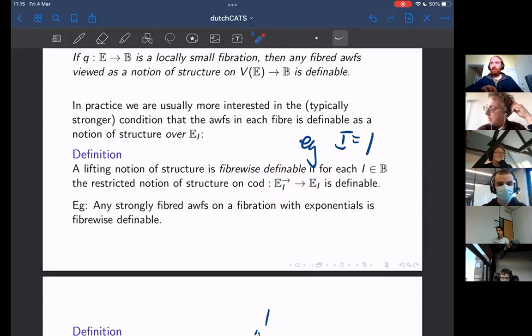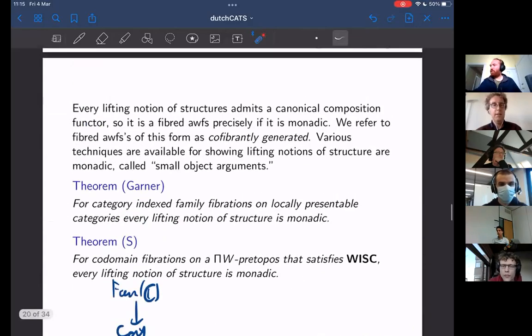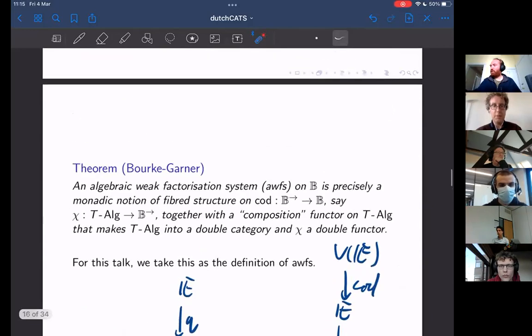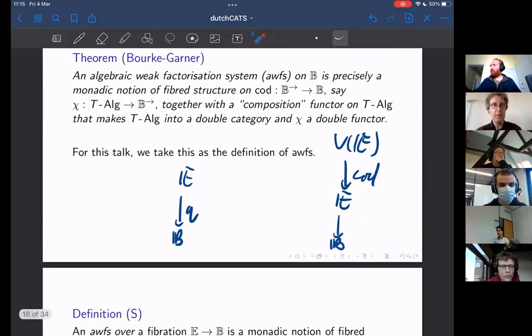And then maybe another question I had was, you had this definition of algebraic weak factorization systems in terms of something indefinable. Yeah, this one.